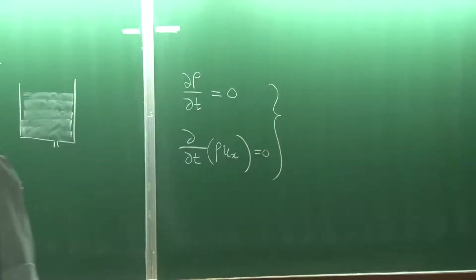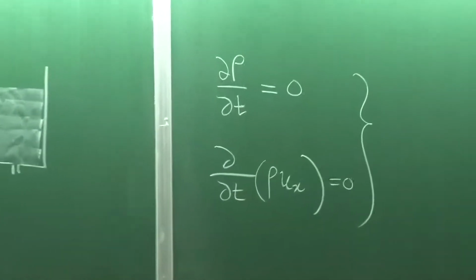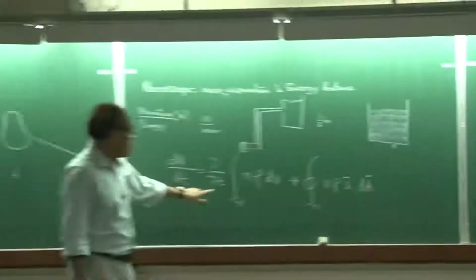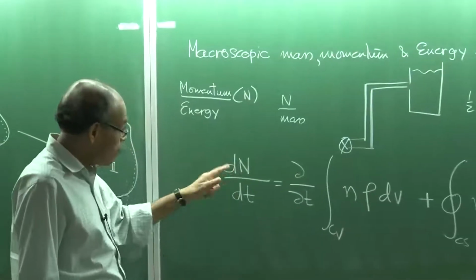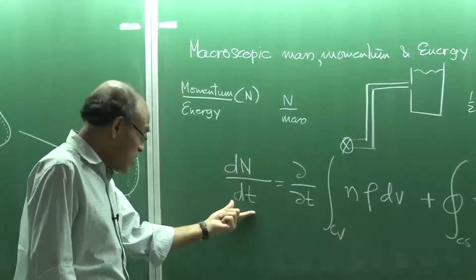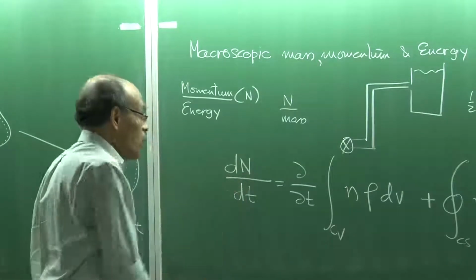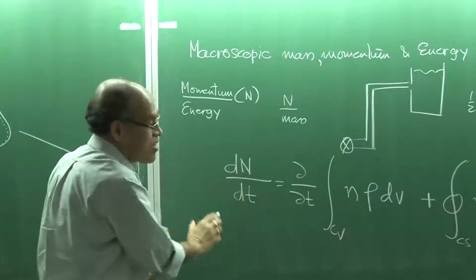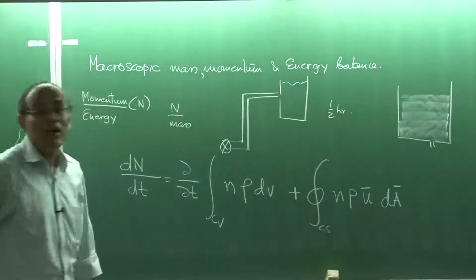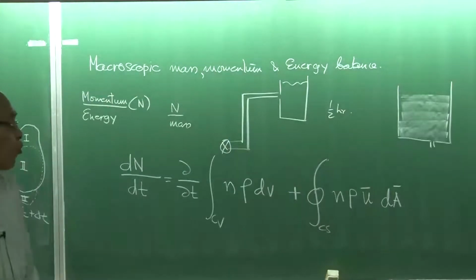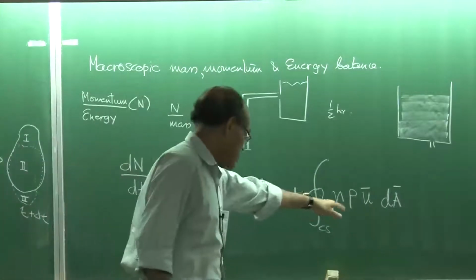There is no net accumulation in the system per se. Therefore, for the steady state scenario, this term will vanish, and the net rate of change of capital N in the system, the left hand side where we want to find the change in the property in the system, could be equated for a steady flow system solely in terms of the flow in and flow out through the control surfaces.